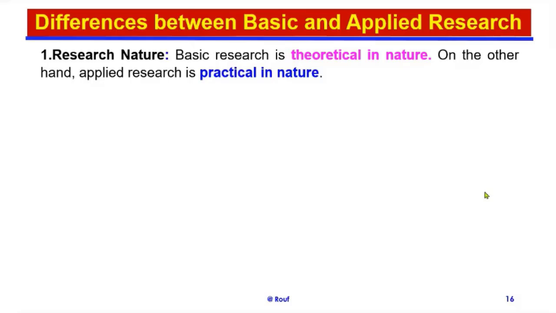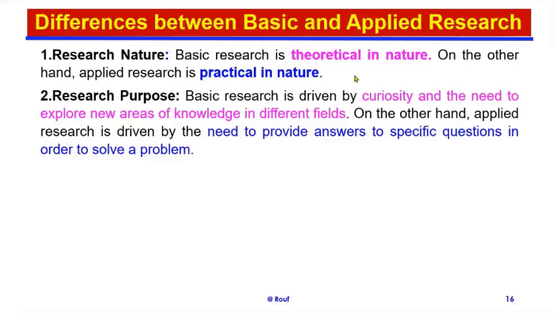Now we will discuss the key differences between the basic and applied research. First, nature of the research. Basic research is theoretical in nature. On the other hand, applied research is practical in nature. Second, purpose of the research.